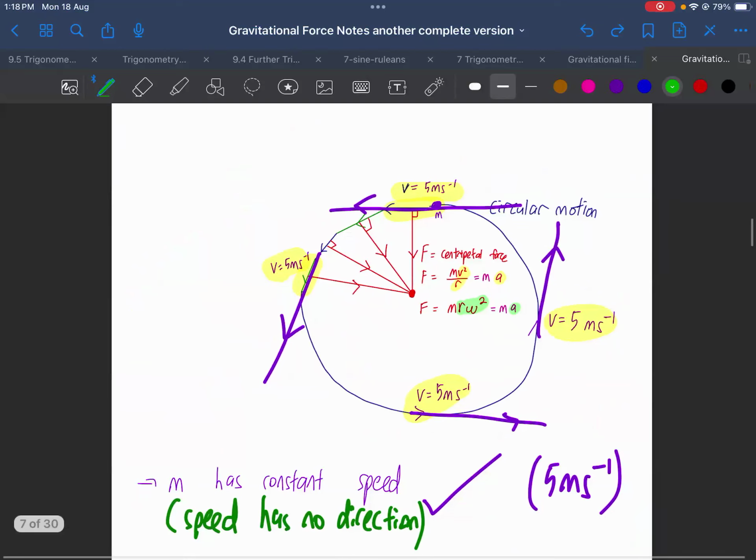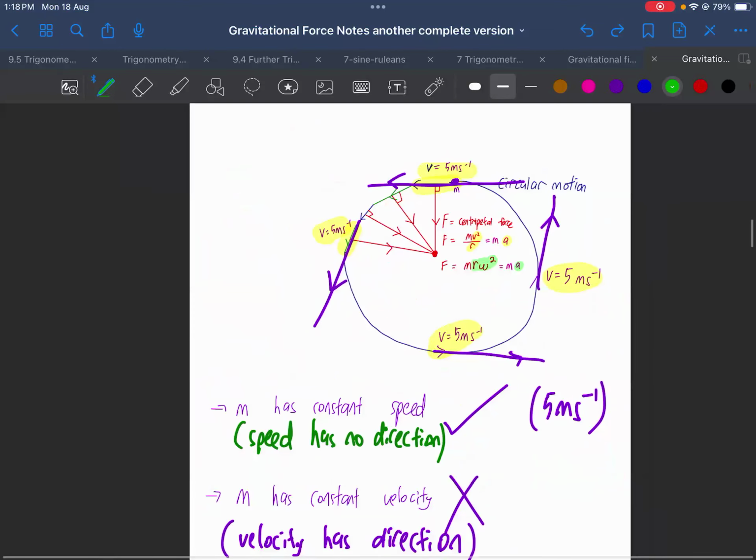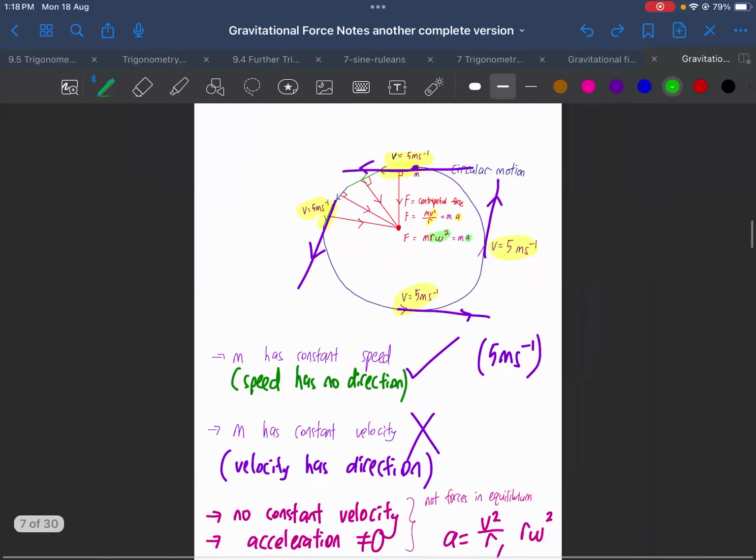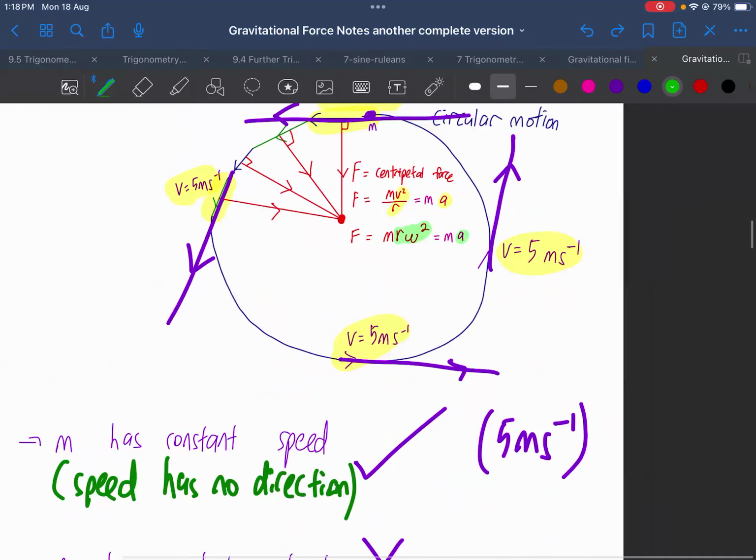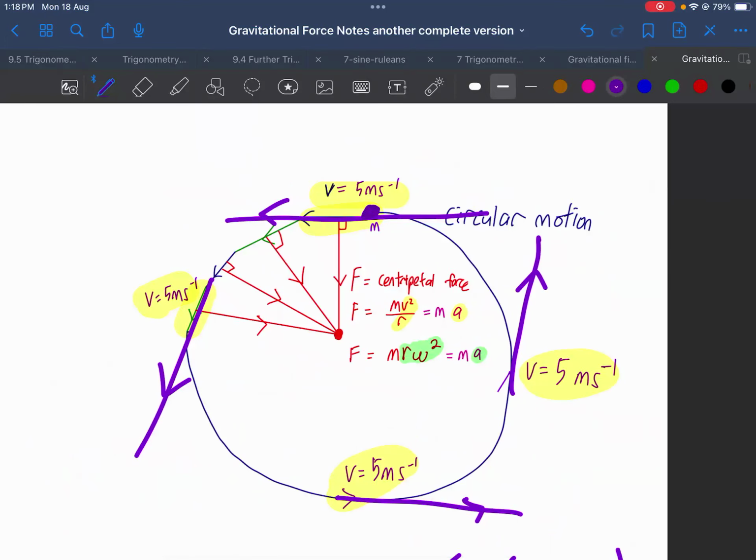Okay. Now in a circular motion, can you say that the point mass has a constant speed? Can you say that the mass has a constant speed in the circular motion? Yeah, constant speed. But can you say that the mass has a constant velocity in a circular motion? No. Why?